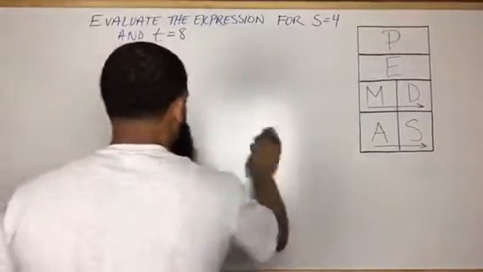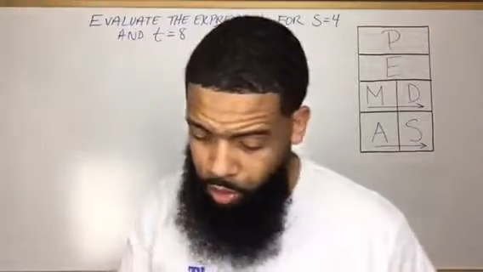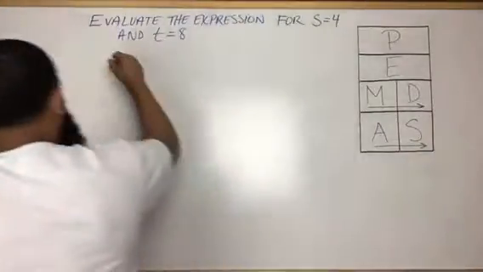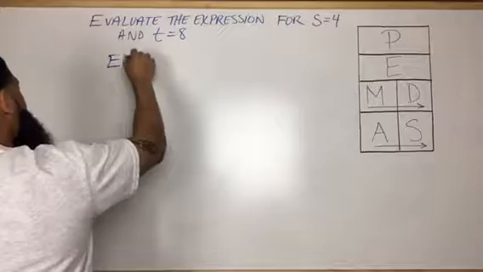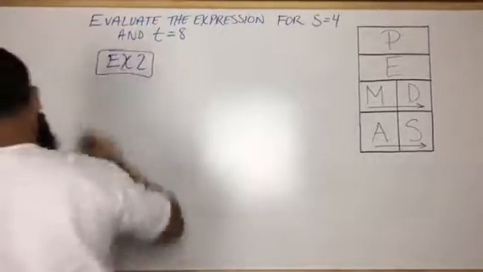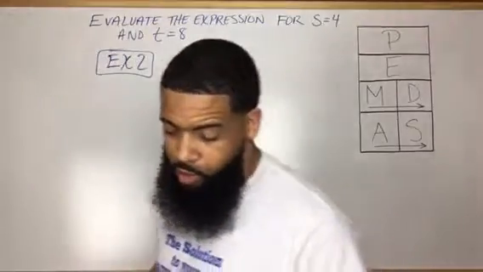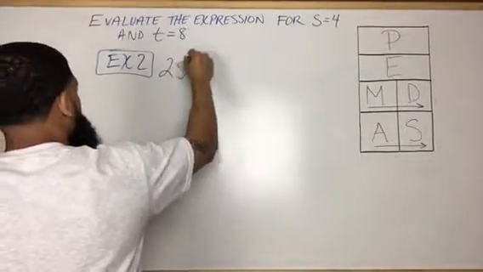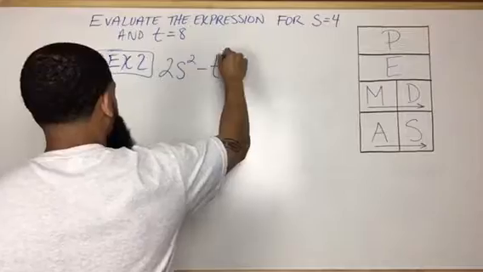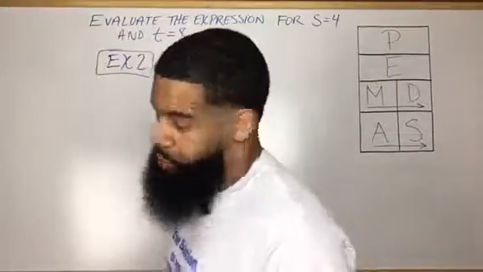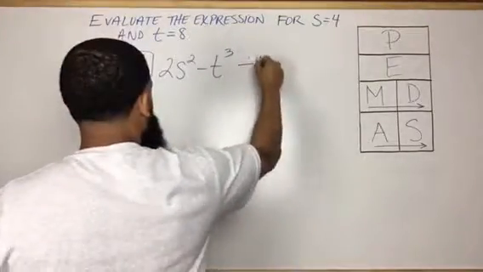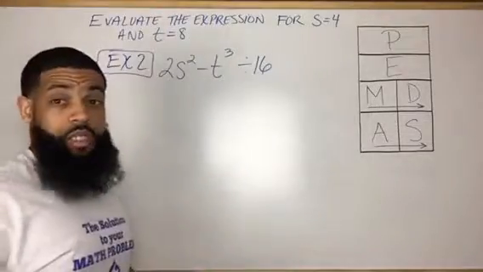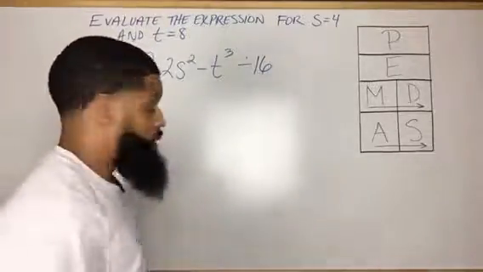And please be very, very mindful when you are substituting your variables, because you can make a mistake, and one mistake can change everything. Let's say I have 2s to the 2nd power minus t to the 3rd power. And then I'm going to divide by 16. Once again, first thing I need to do is I need to substitute 4 for all my s's.